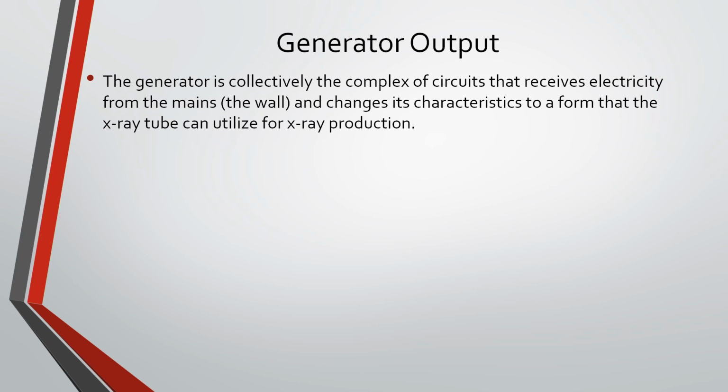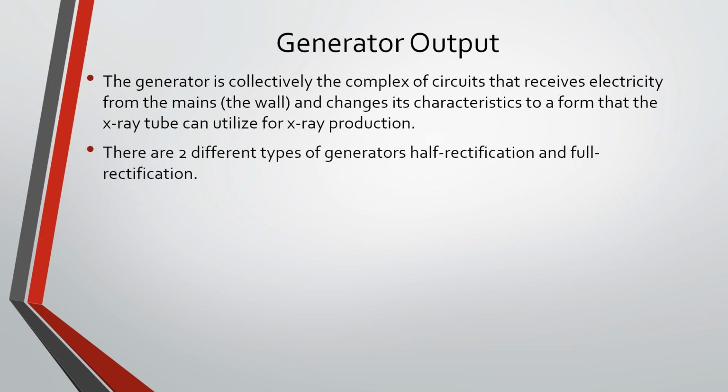The generator is collectively the complex of circuits that receives electricity from the wall, from the mains, as we say, and changes its characteristics to a form that the X-ray tube can utilize for X-ray production. The energy coming in from the wall, from the plug, isn't useful for X-ray production.